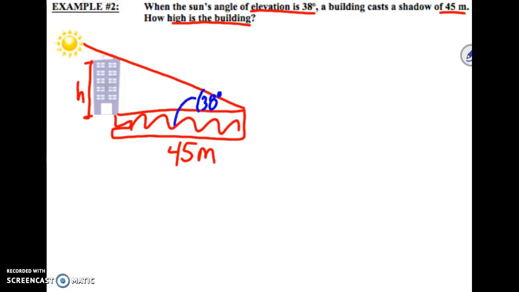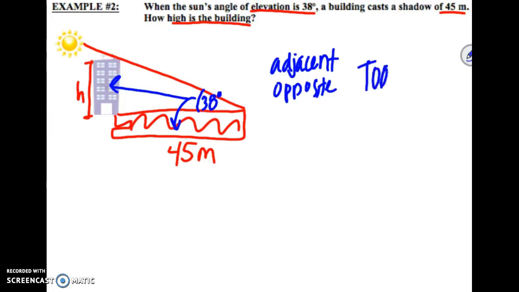So think of the things we know. We know that the shadow is 45 meters. This 45 represents the adjacent side. So we know the adjacent side, and we're trying to find the opposite side. So think of your trig functions that use adjacent and opposite. We know that we will be using tangent because tangent is TOA, opposite and adjacent. So we'll be taking a tangent of 38 degrees.